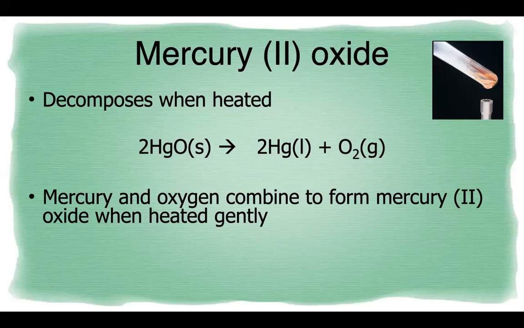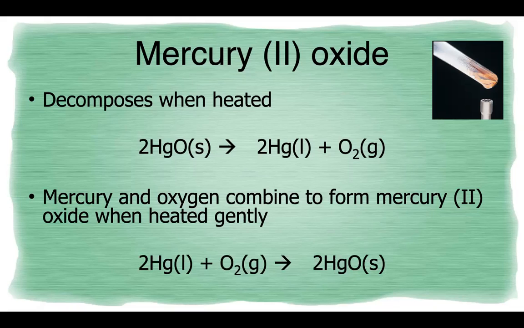But mercury and oxygen can combine to form mercury(II) oxide when heated gently. So mercury(II) oxide decomposes when heated, but mercury and oxygen can combine to form mercury(II) oxide at the same time. So we have the reverse reaction occurring.